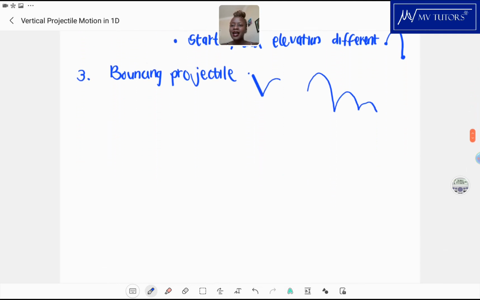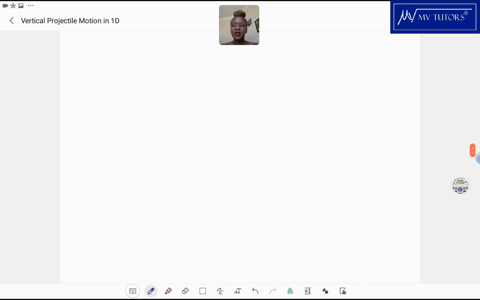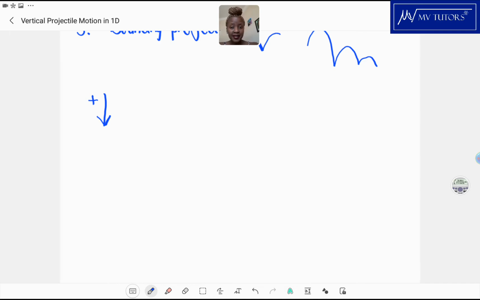Okay, another thing when dealing with vertical projectile motion, you need to decide from the onset which direction you will take as positive. Okay, so let's say you're gonna choose downwards as positive. If you do that, state it in your tests or exam or wherever the marker will see. And if you are saying downwards is positive, just make sure all your questions follow that.